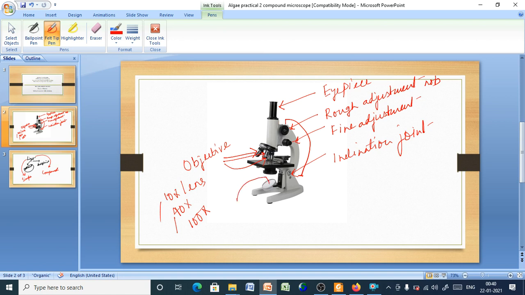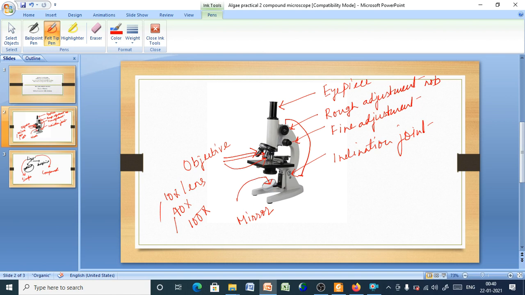This is the mirror to receive the usual natural light. Otherwise, we can fix artificial light here also.